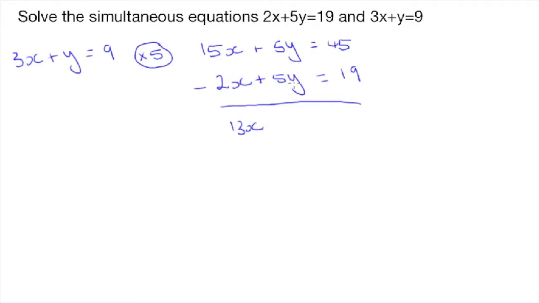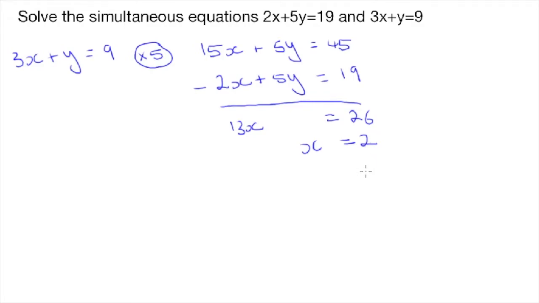The 5y minus the 5y will cancel, give 0. So I'm just left with 13x equals 45 minus 19, which is 26, which is good because that means x equals 2.